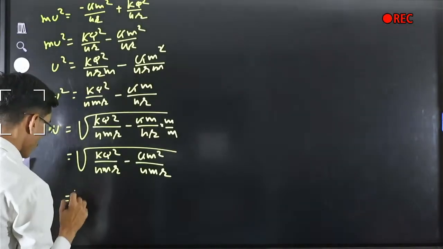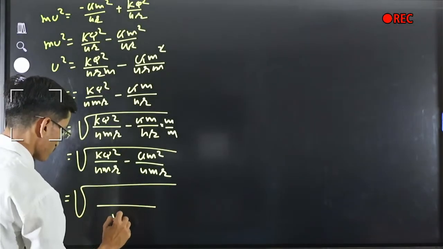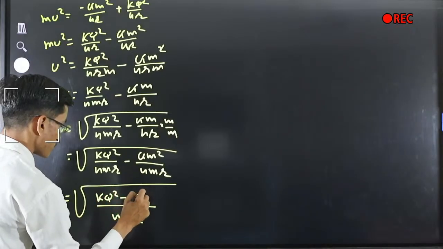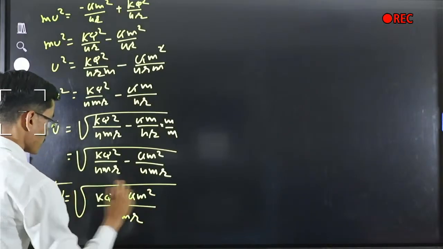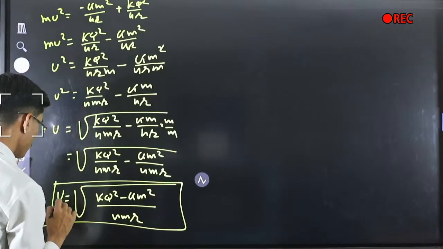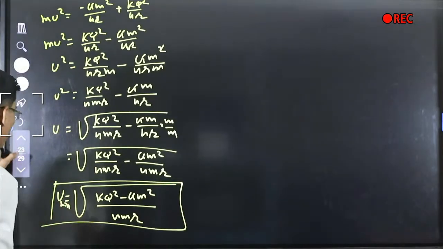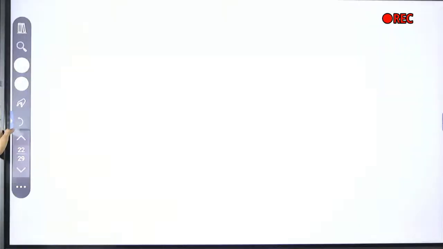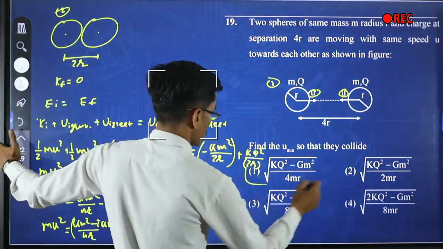So take LCM as 4 m r: k q square minus G m square, over 4 m r. This is our u minimum, so it is the square root of k q square minus G m square over 4 m r, option A.